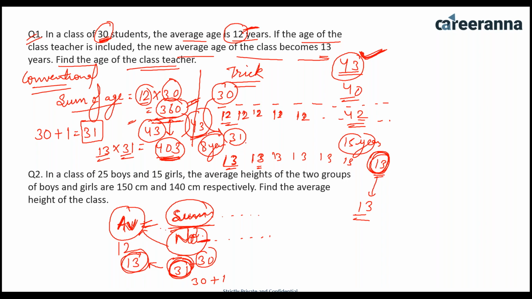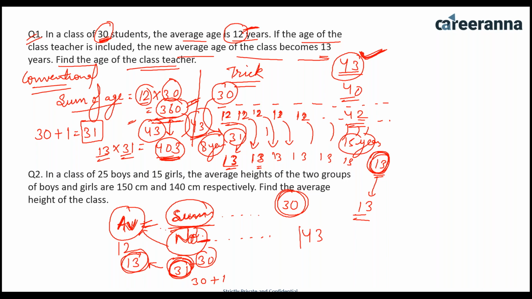Now, there is a difference of 1 between the previous average and the new average. And how many ones are there? Guys, can you please tell me? 30. 30 ones are there. Why are these ones added? Because of the new teacher's age.